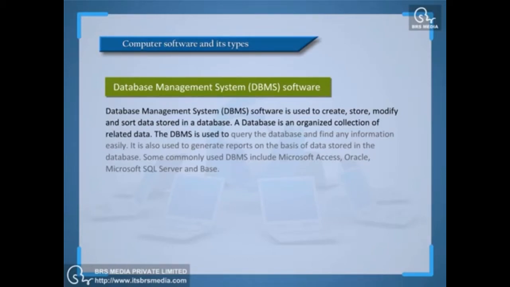The DBMS is used to query the database and find any information easily. It is also used to generate reports on the basis of data stored in the database. Some commonly used DBMS include Microsoft Access, Oracle, Microsoft SQL Server, and Base.